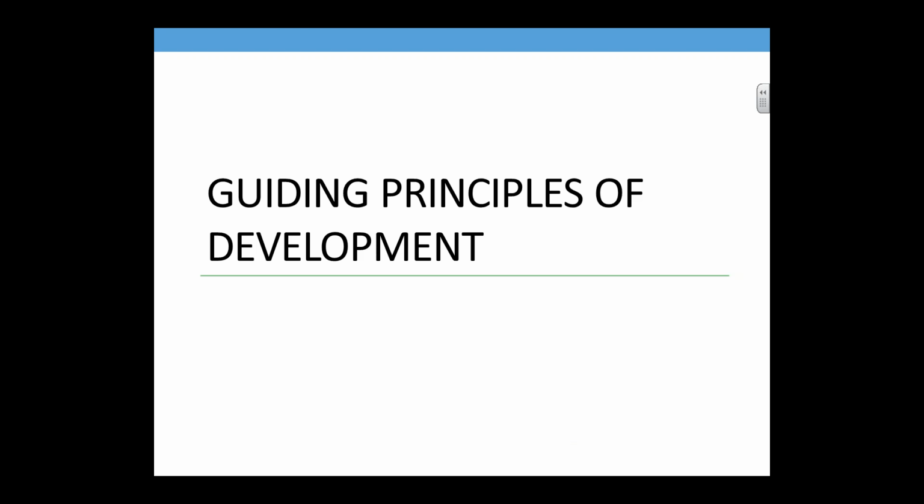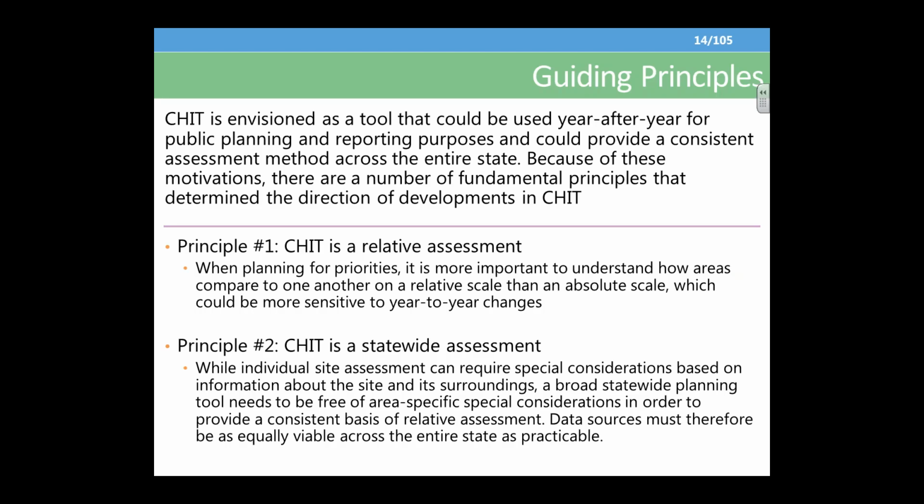Okay. So moving from there, we want to discuss the guiding principles of the development of this tool. So CHIT is envisioned to be a tool that can be used year after year for public planning and reporting purposes. It can provide a consistent assessment across the entire state.